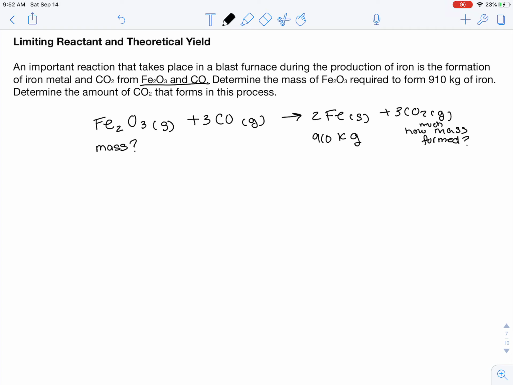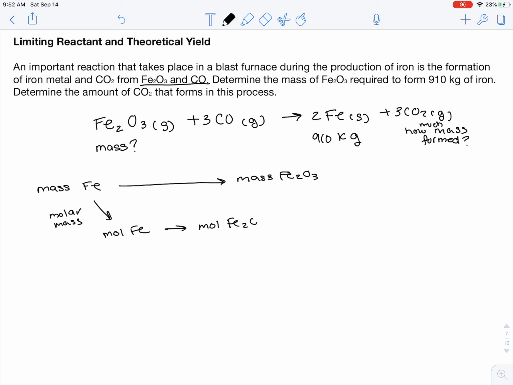Since I'm given the mass of iron, and I want the mass of iron(III) oxide, I know that I will use my mole ratio. In order to use mole ratio, I need to go to moles. So I have to convert to my moles of iron using molar mass, then moles of iron(III) oxide using the mole ratio, and then back to mass using molar mass.